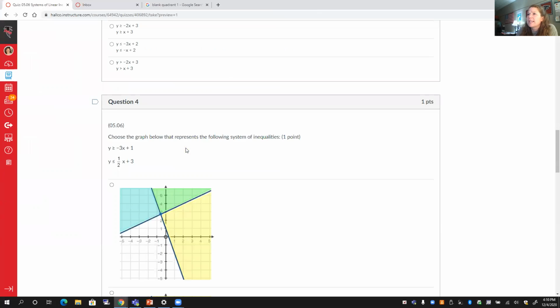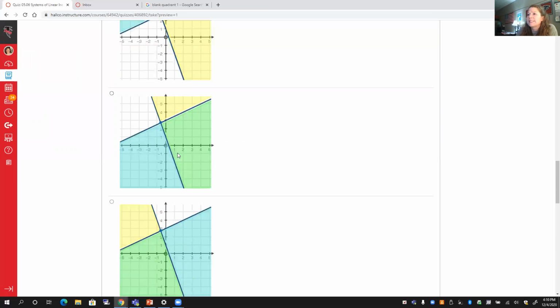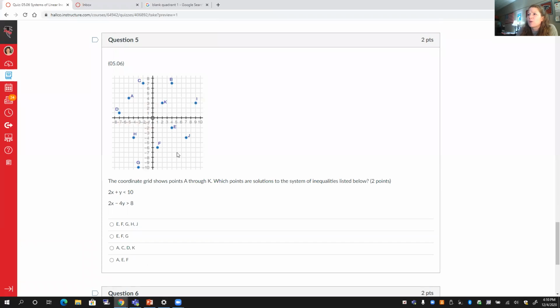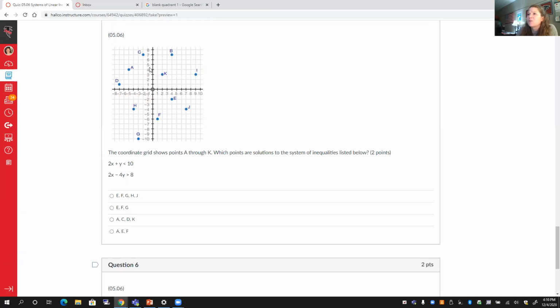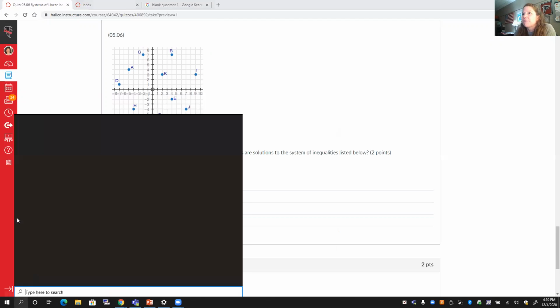All right, so let's say I'm doing this little quiz and I get to question number 5, and it wants to know of all these letters, which ones are part of the solution set. Well, I wouldn't have any idea unless I can actually graph this. So what I would do is snip a picture of this.